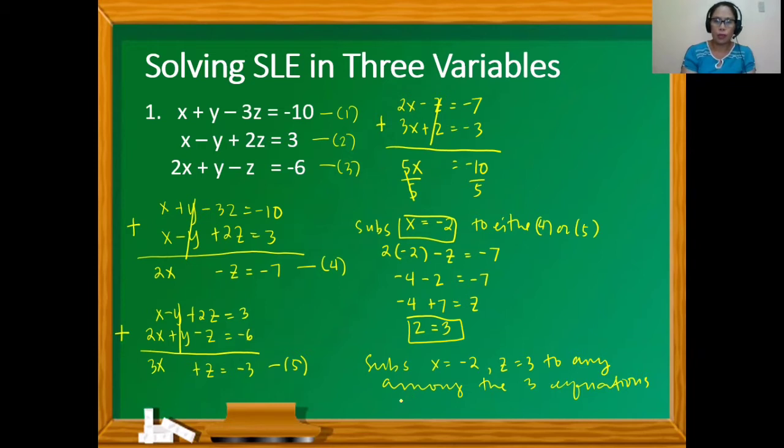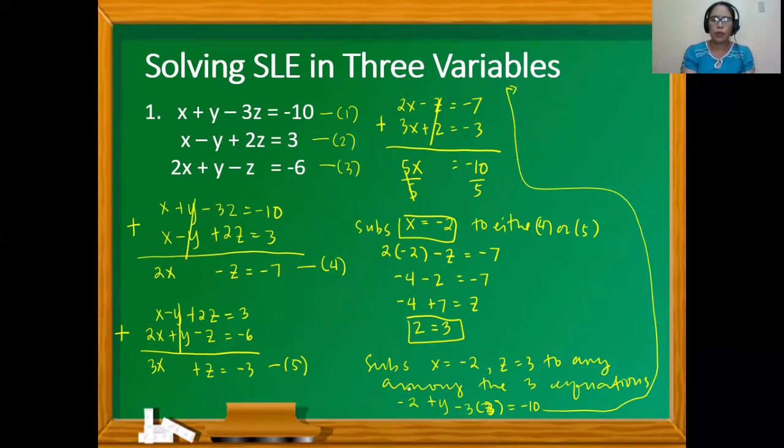So x is negative 2, plus y minus 3 times z, which is 3, and then equals negative 10.